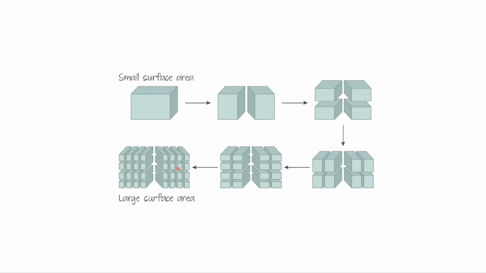Now, as you increase the surface area, that means there is more exposure for these particles to collide. So if a particle was to come and collide with it, it will have more place to come and collide at, which means the frequency of successful collision per unit time will increase. There will be more collisions per unit time, which means the rate of reaction will be faster.